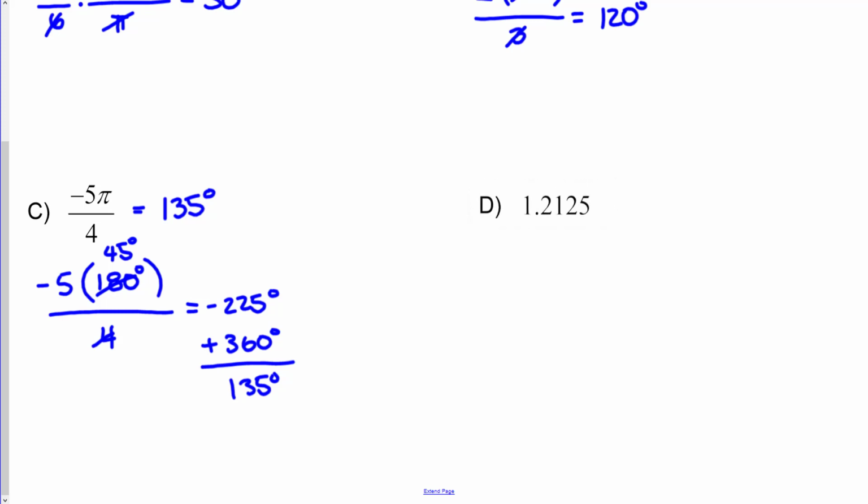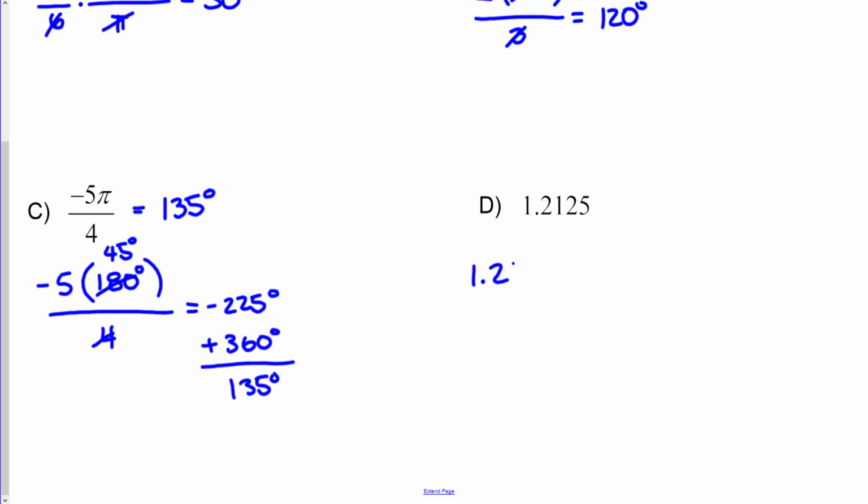All right, 1.2125. Now to make this, there's no value of pi in this number, so I can't just change the pi to 180. I really do have to do the calculation.